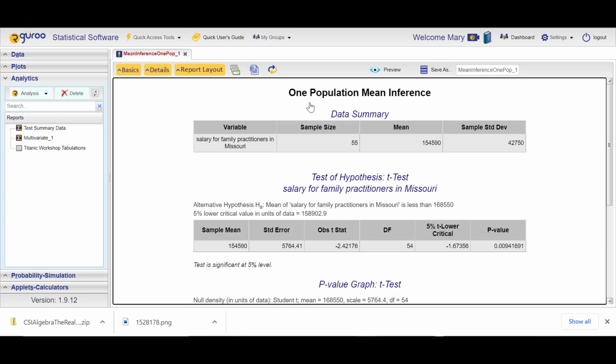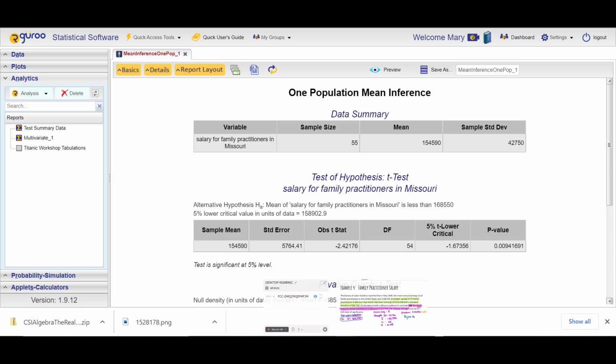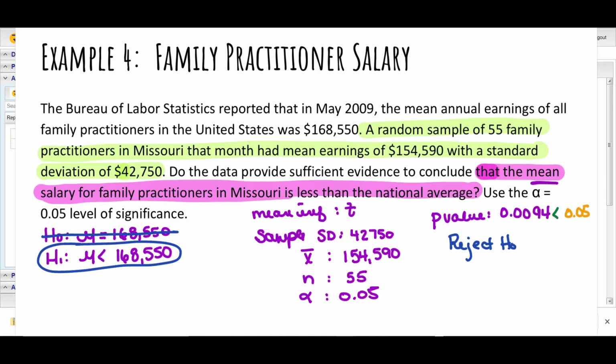That means we have enough evidence to support the claim. And I forgot to move it back over here so you can see that. So we rejected the null. I'll cross that off. That means we've got enough evidence for H1.